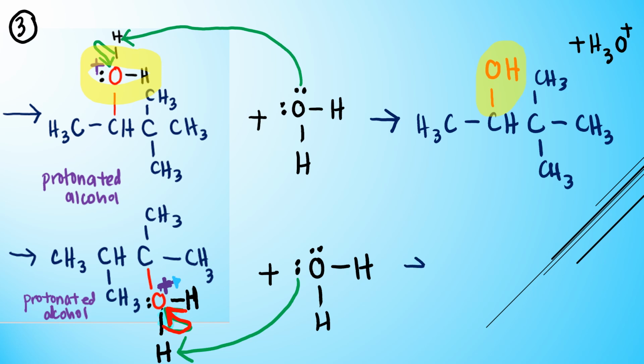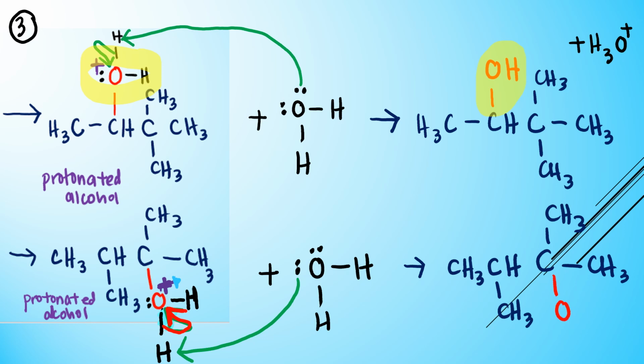atom. So the product form CH3 for the first carbon kekal, CH3 for the second carbon remain, CH3, okay, remain unchanged, but on the third carbon, the OH protonated alcohol akan sebagai OH sahaja.